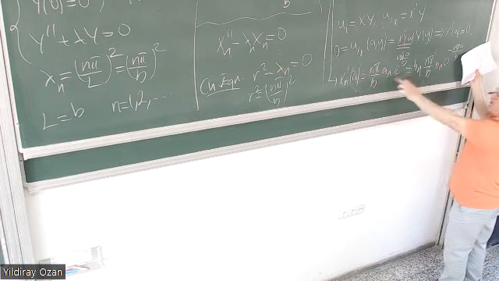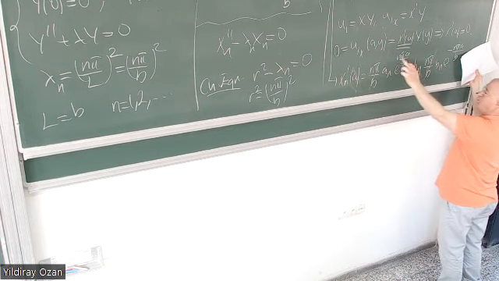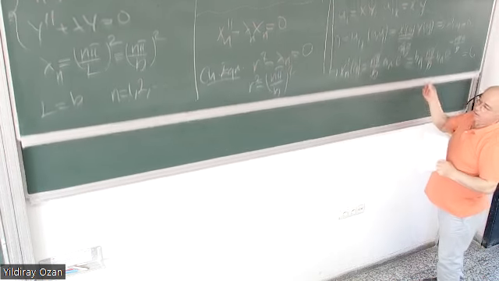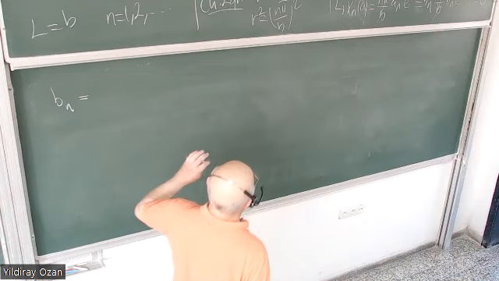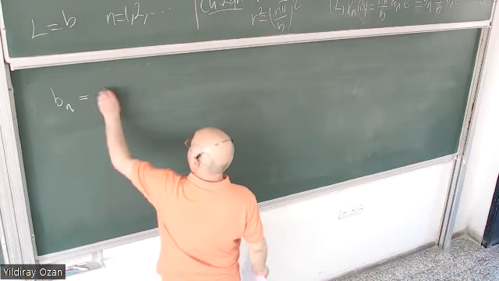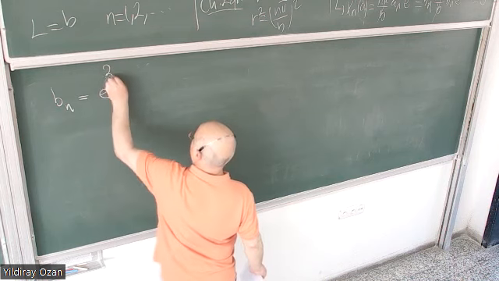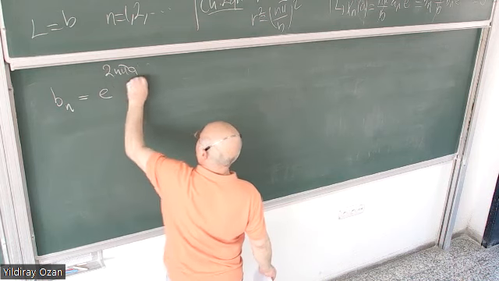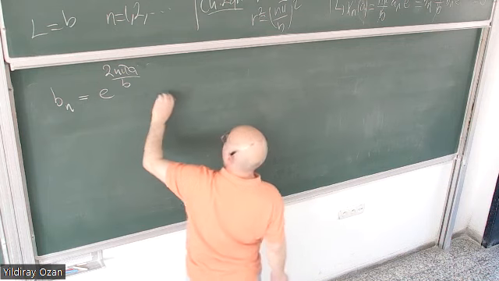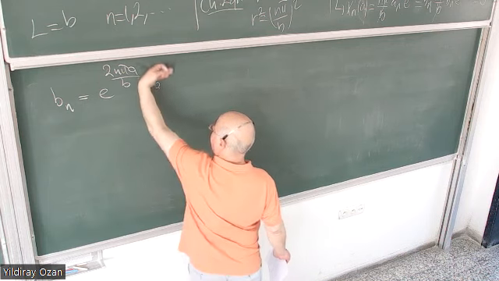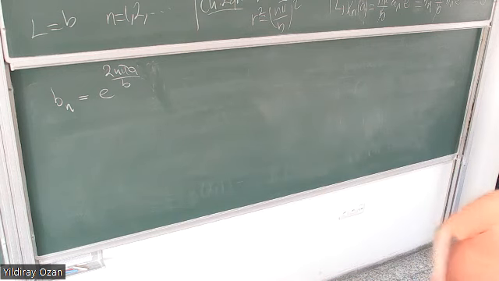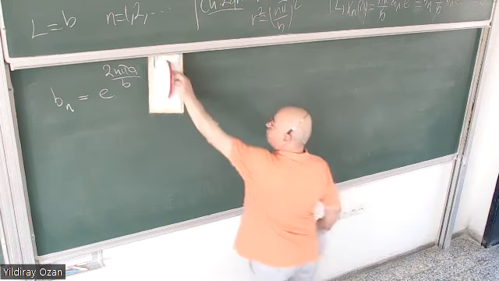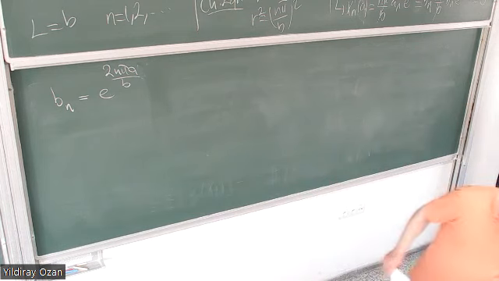Bn is just an times e to the power 2 n pi a over b. So Bn is just e to the power 2 n pi a over b, an. Okay.